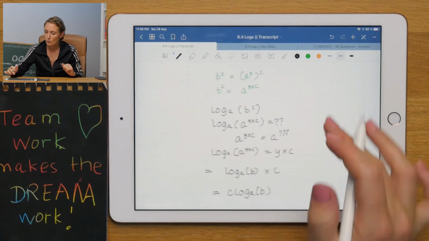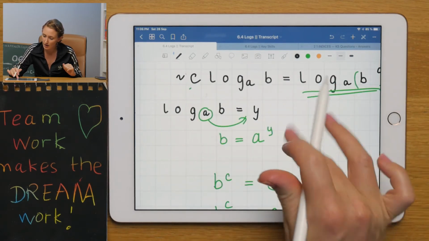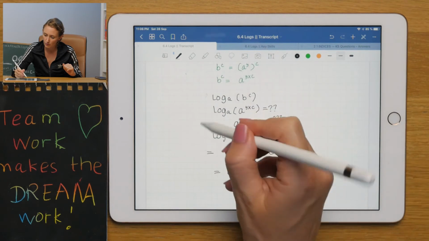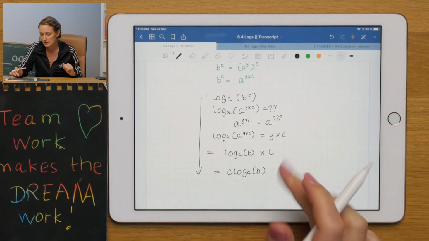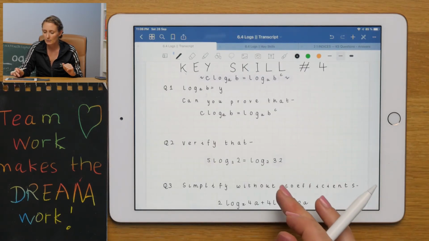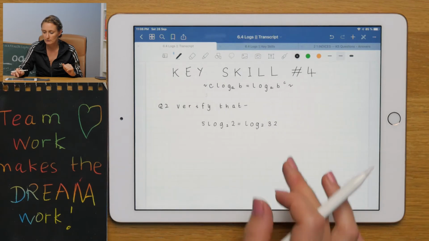And we're finished. We started in a place with log a b to the c. We worked all the way through using only sensible maths, and we got down to c multiplied by log a b.